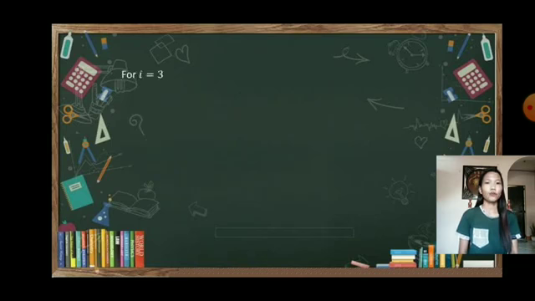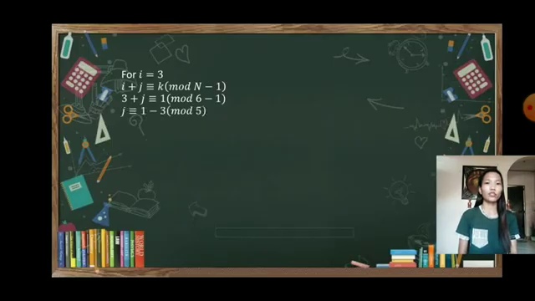So, for i = 3, we will use again the formula i + j ≡ k mod (n − 1). Since i = 3, we have 3 + j ≡ 1 mod 6 − 1. Again, we move the 3 to the other side, so we have j ≡ 1 − 3 mod 5.